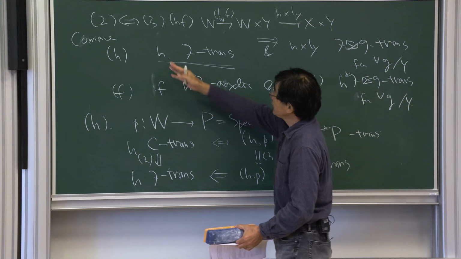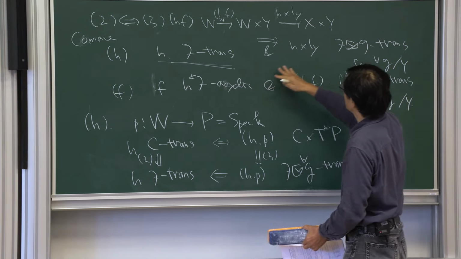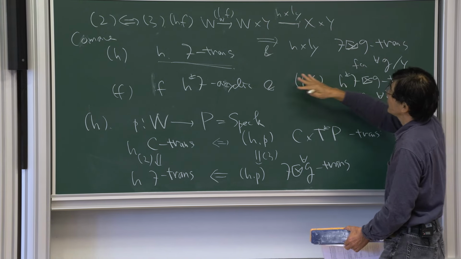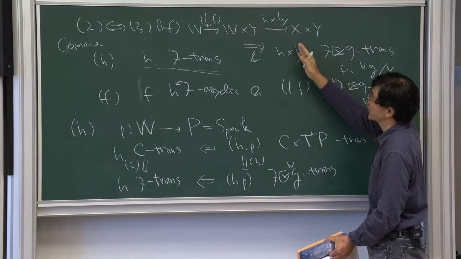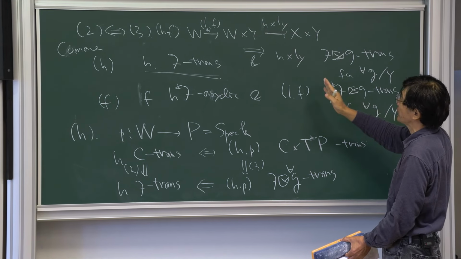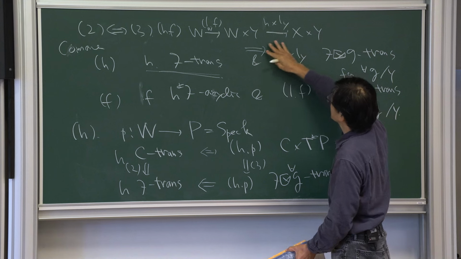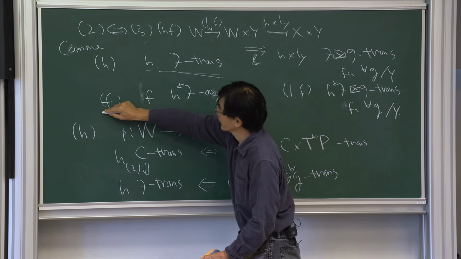So either 2 or 3 implies this condition, and this condition always implies this condition. So this part is somehow automatically satisfied in both cases. So sorry, this part. So this part is essential.